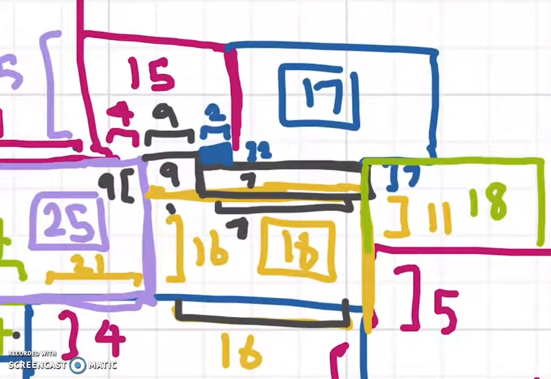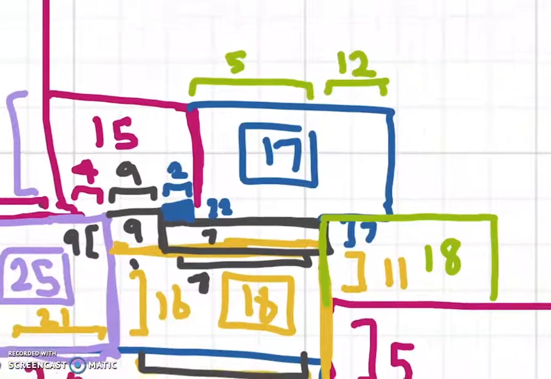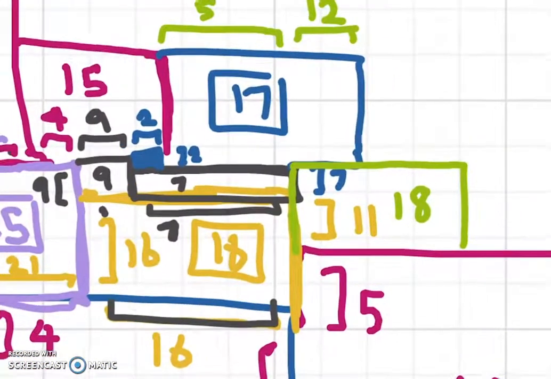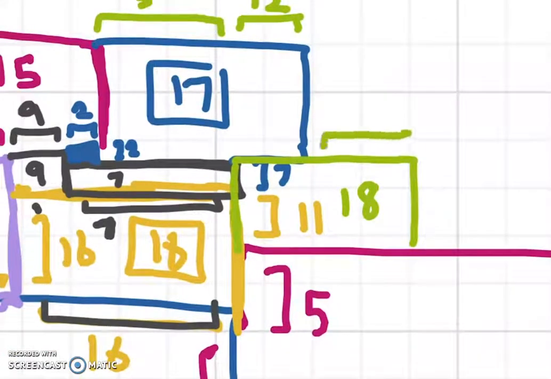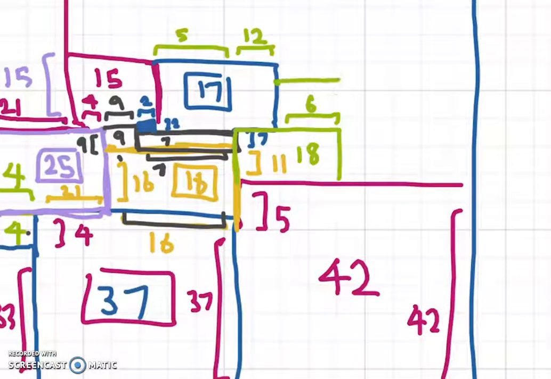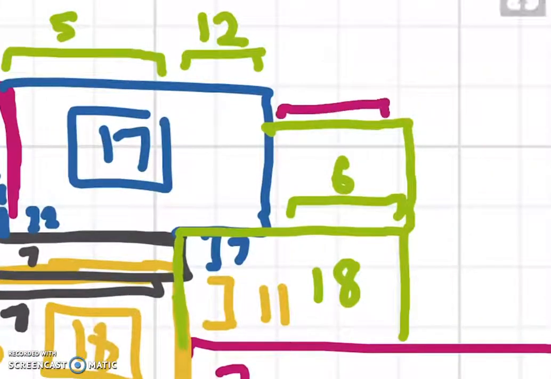Over here, this distance over here is 7 minus 2, which is 5. So this distance over here is 17 minus 5, which is 12. And this distance over here is 18 minus 12, which is 6. So we can make a square of side length 6.